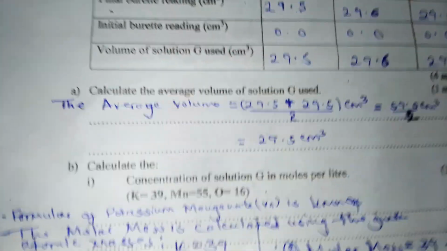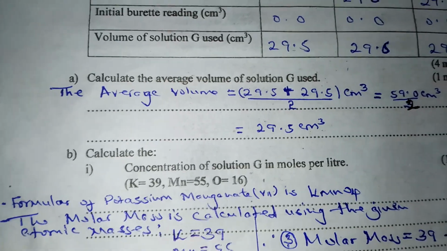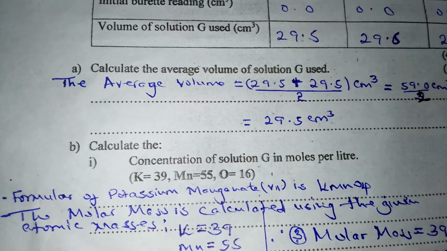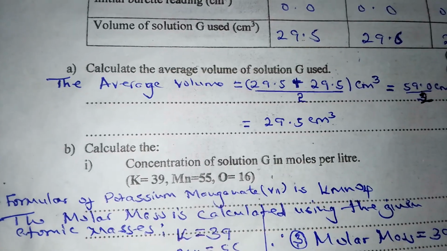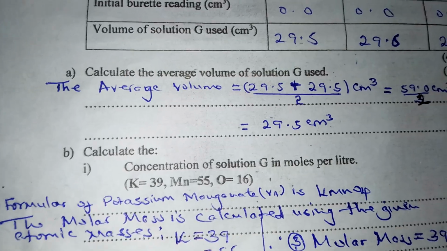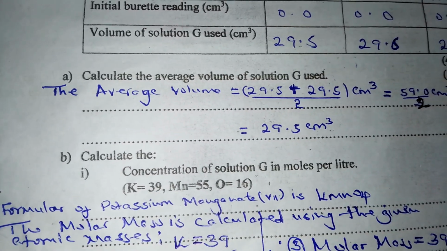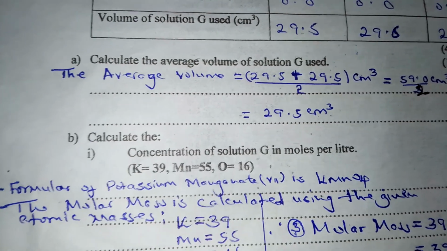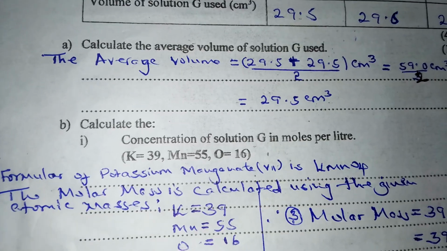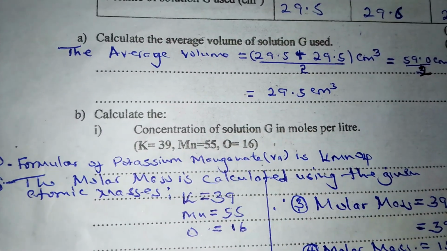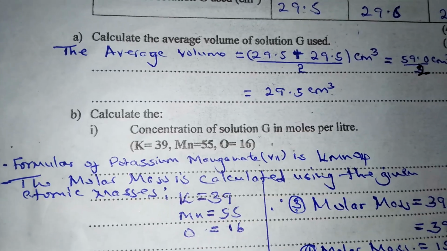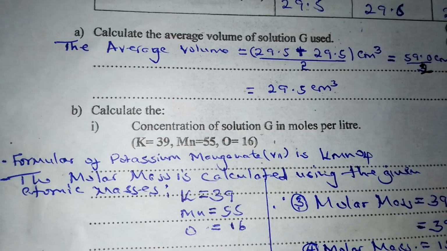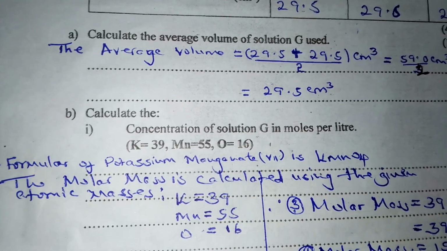And then we went ahead and we were requested to calculate the concentration of solution G in moles per liter. First of all, you are supposed to know the formula of potassium permanganate 7, which is KMnO4, meaning that the molar mass is supposed to be calculated using the given atomic masses above. Potassium is 39, manganese is 55, and oxygen is 16.